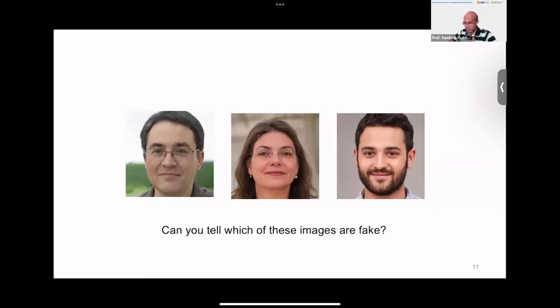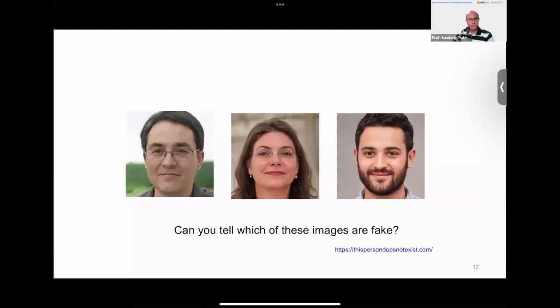Without a careful look, it's almost impossible to say that all these three are fake. In fact, you can go to this web page as we speak, and every time you hit enter or refresh on this website, it is going to generate new portrait facial images.